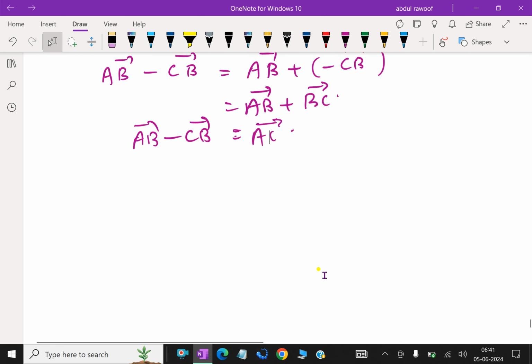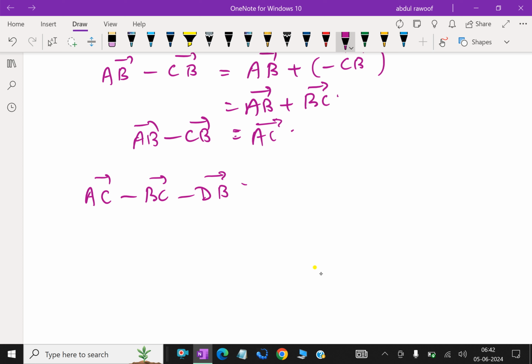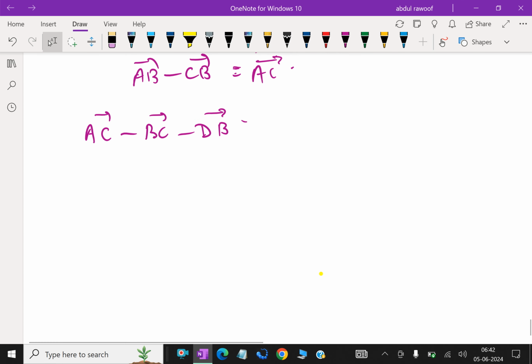One more, vector AC minus vector BC minus vector DB. How to write this one? Look at here. This vector AC stays in the same direction. Here BC is negative, so we have to change the direction to positive CB.